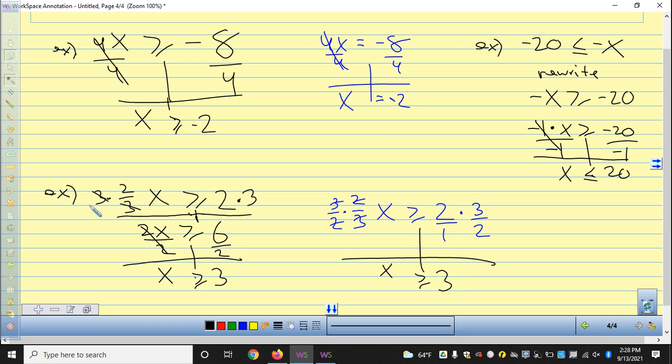So I can do this in 2 steps, or I can do it in 1 step by multiplying by the reciprocal. And my sign did not switch because I just multiplied by a positive number on both sides.